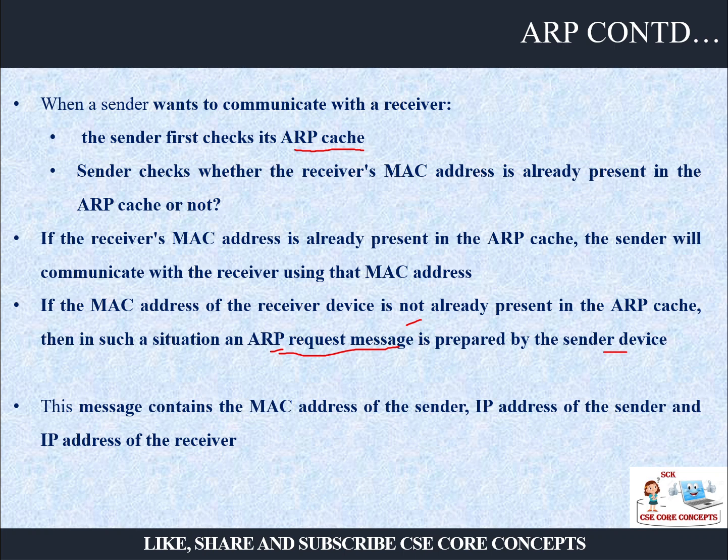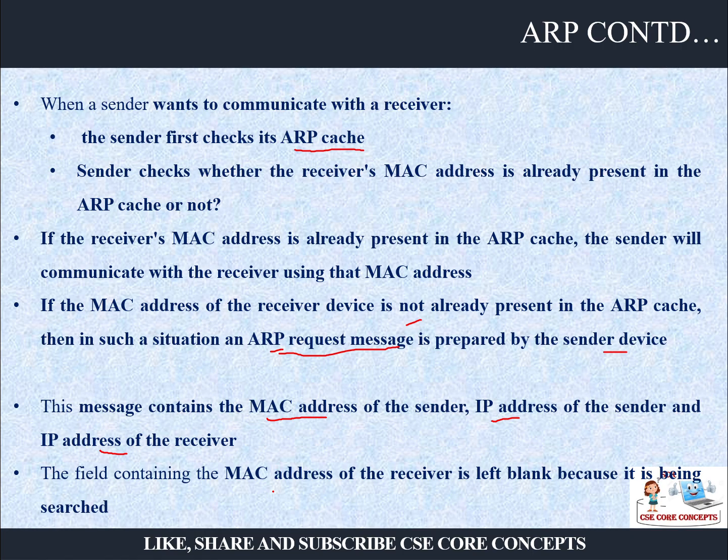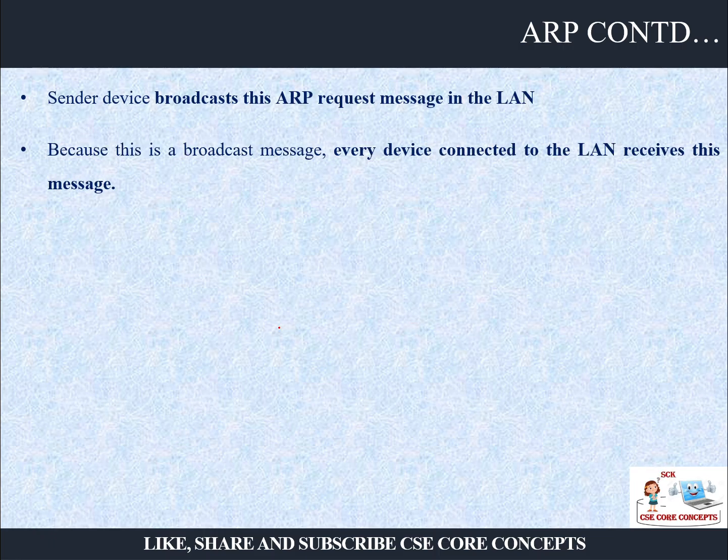The request message contains the MAC address of the sender, the IP address of the sender, and the IP address of the receiver. It does not contain the MAC address of the receiver because that is what you are searching for.